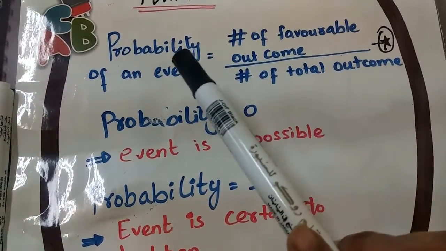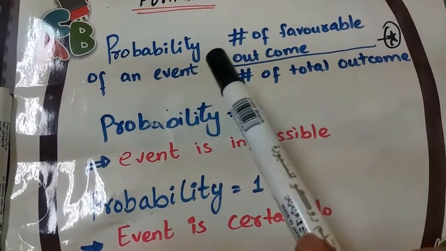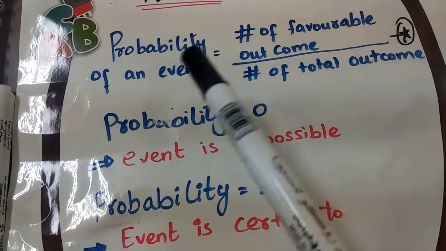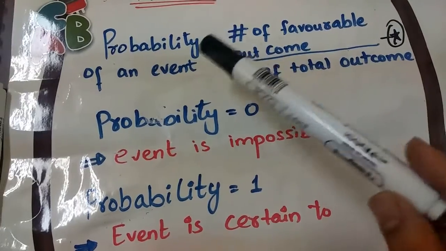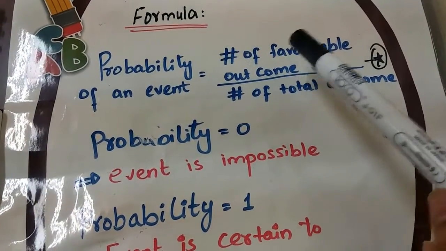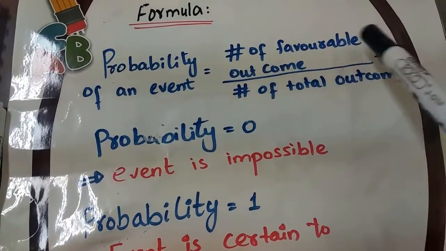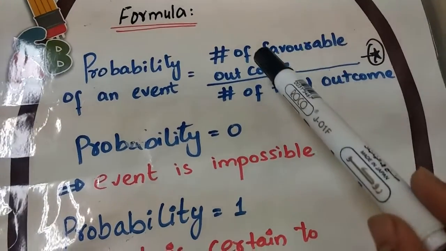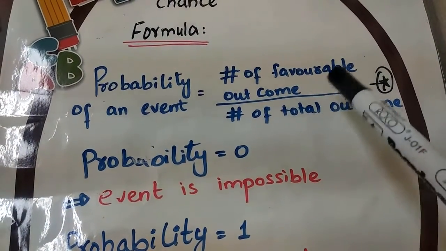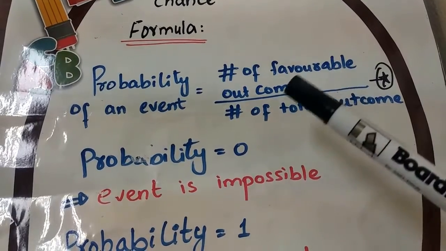Now look at the probability of an event. If we are going to find the probability or the chance of an event to occur, what we have to do is take the number of favorable outcomes. What is the favorable outcome? The event which you are likely to find out.